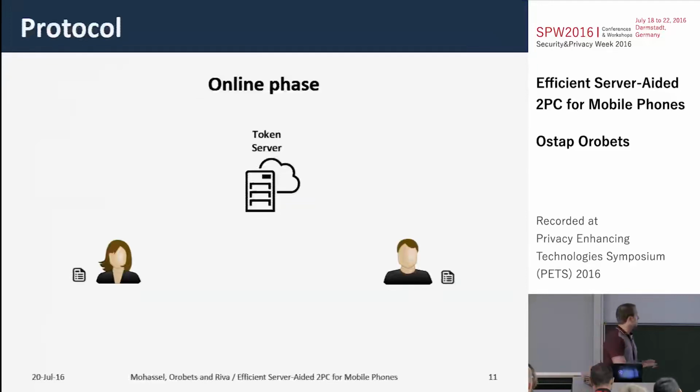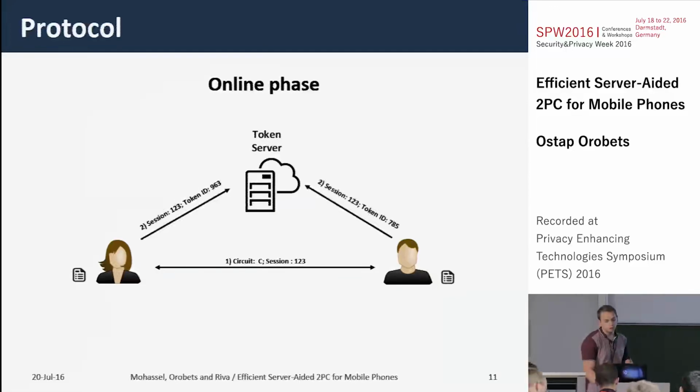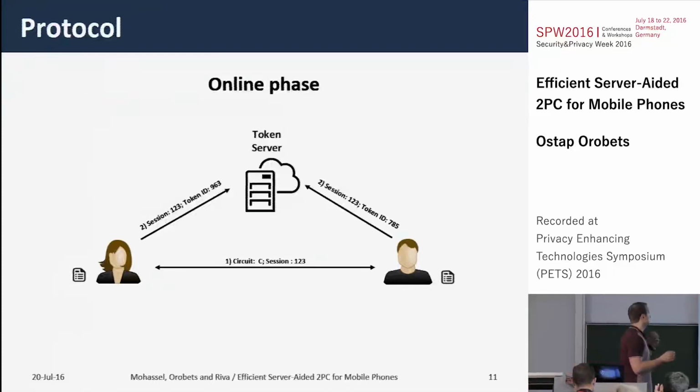Then in the online phase, Alice finds out about Bob. They both have independent token files, and then they agree on the circuit that they want to compute. They agree on the session that they are going to use, and they send the token server a request with the name of the session and the ID associated with the token file that they use for computation.